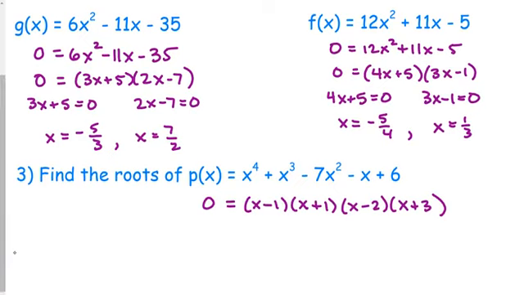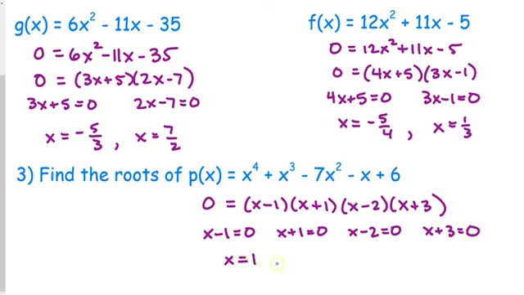So set each of those equal to 0, and solve each one. And we have our roots, x equals 1, x equals negative 1, x equals 2, and x equals negative 3. And these are all rational. Remember, rational numbers are numbers that you can write as a ratio of an integer over an integer. And so these could be written as whatever number you see over 1.